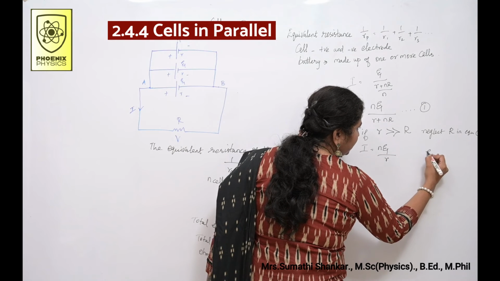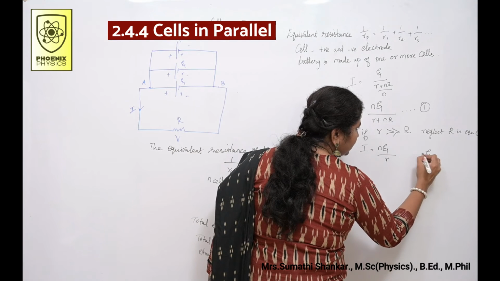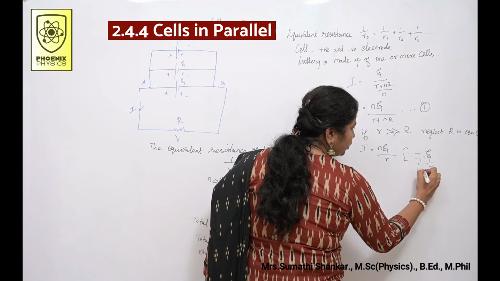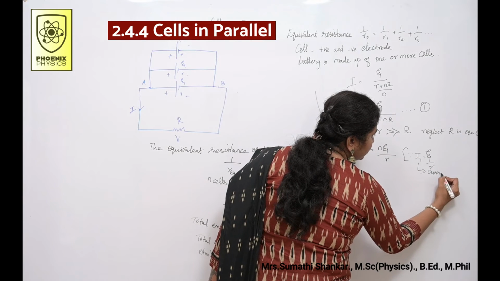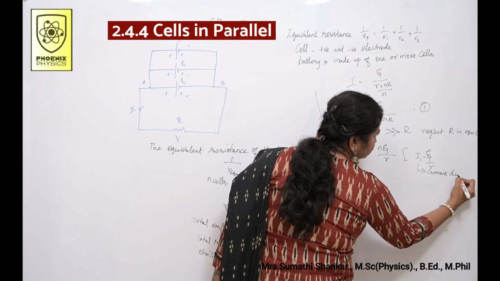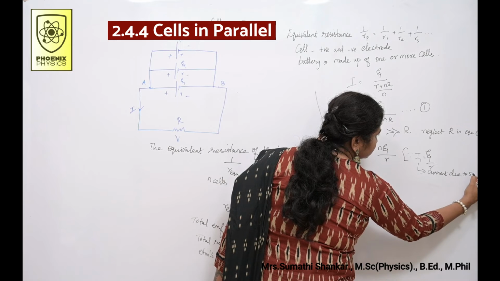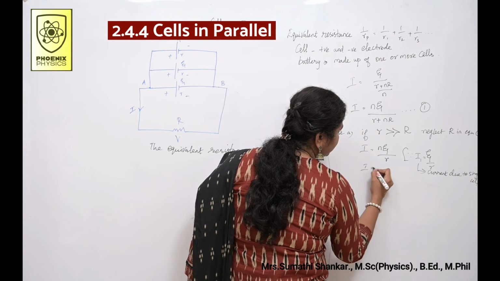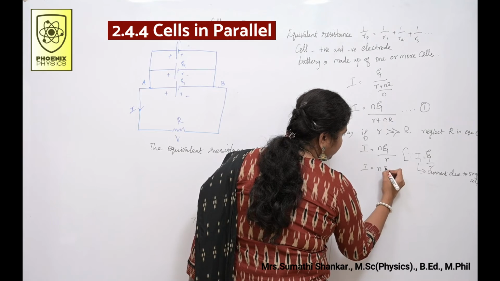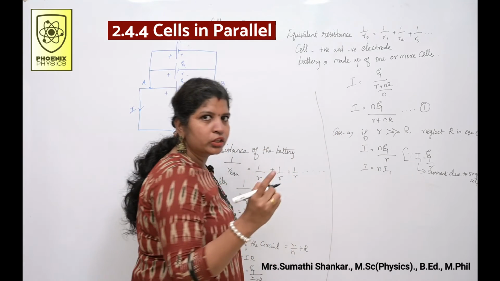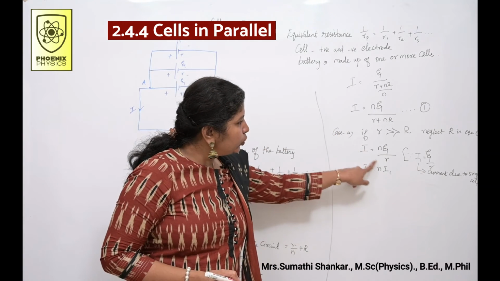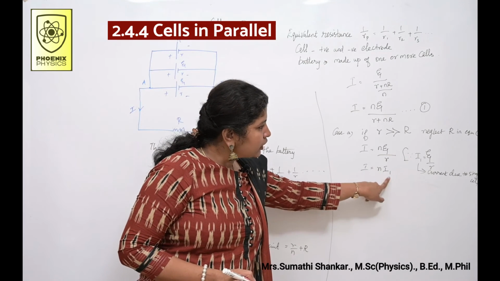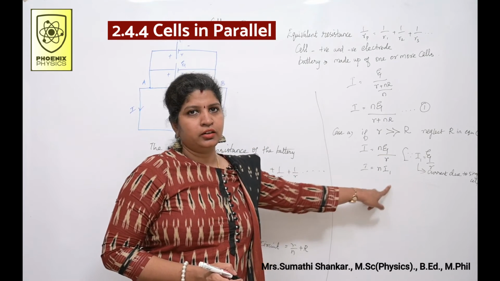What is Xi by r? Xi by r is I1, the current due to a single cell. So I is equal to n into I1. What is your conclusion? The current due to the whole battery is n times the current due to a single cell.